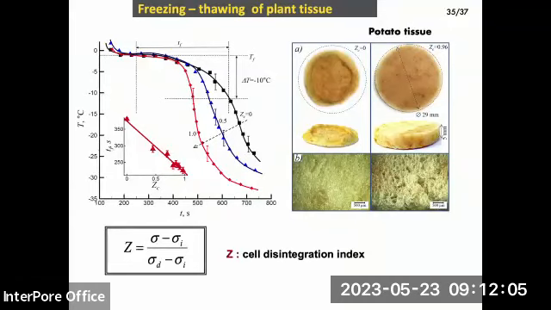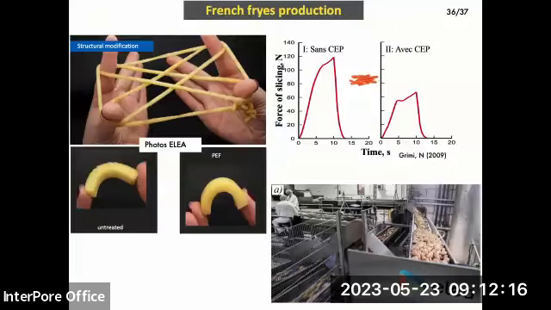The tissue texture is better preserved. You can see that the slices are more elastic for the carrot tissue, but the same will be for the French fries.